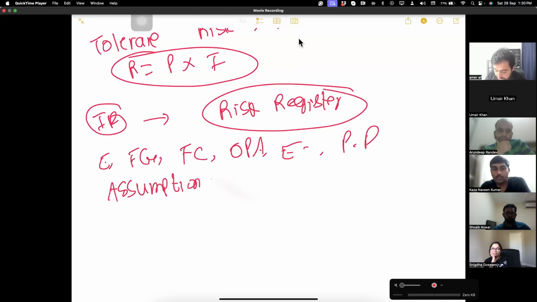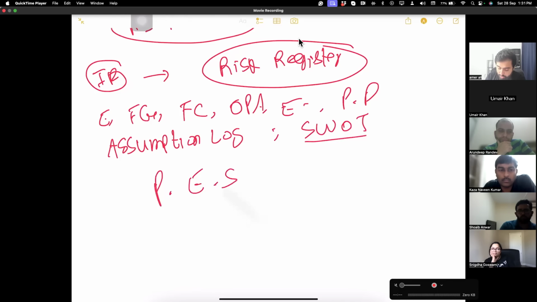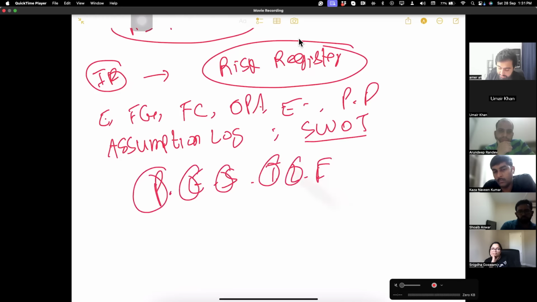Everything in the assumption log is a risk, because risk is any event that may or may not happen. And if it happens, it can have a positive impact, an opportunity, or a negative impact, a threat. The assumption log will have all the negative things that happen in the starting. Then you also use SWOT analysis: strength, weakness, opportunity, threat. We use PESTEL to identify all the risks: political, economical, social, technical, legal, environmental. You put the risks in the risk register.